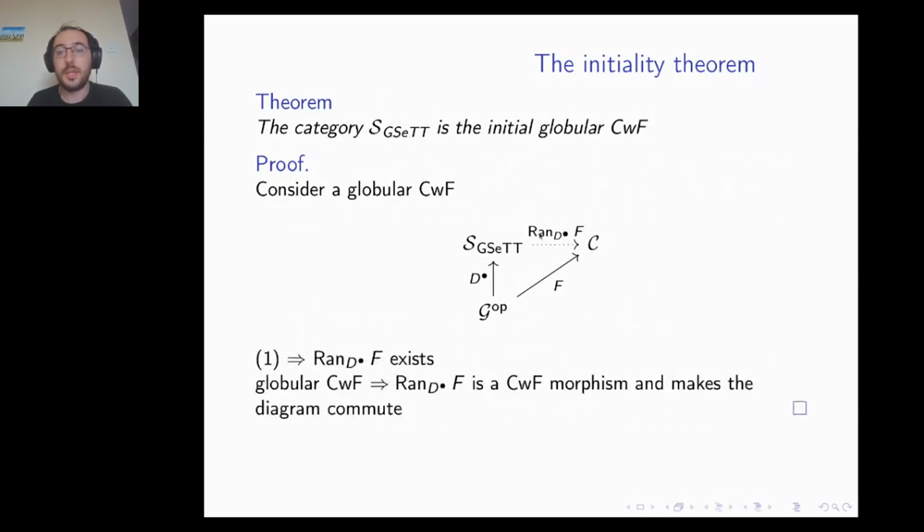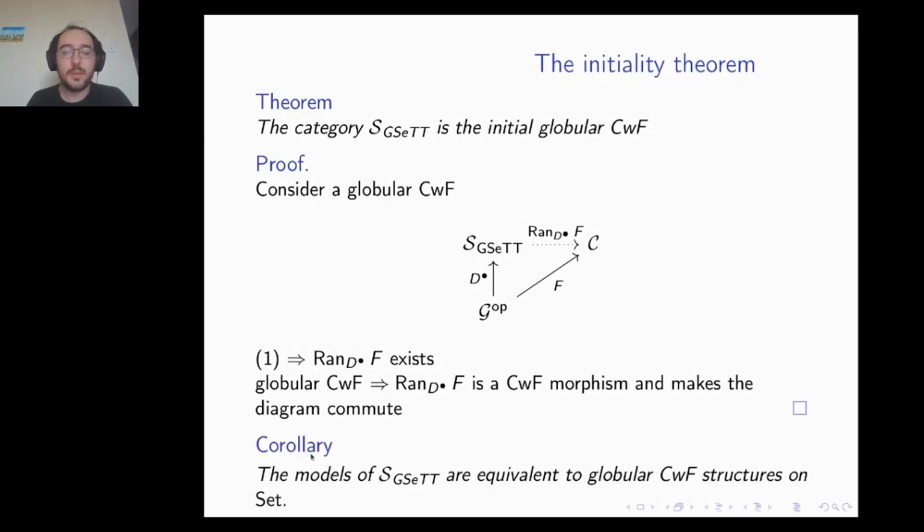You can just take the right Kan extension, and our equality between the substitution and the natural transformations between presheaves shows that the extension exists, and the axioms of globular CWF ensure that it really makes this triangle commute, and it's a morphism of CWF.